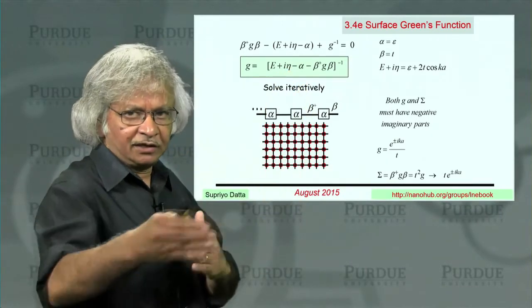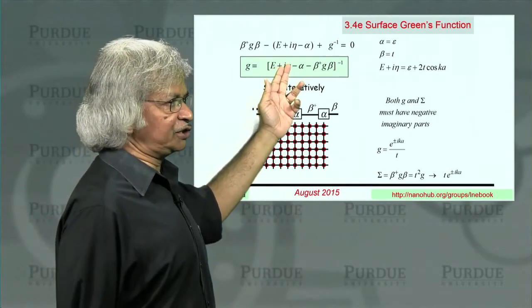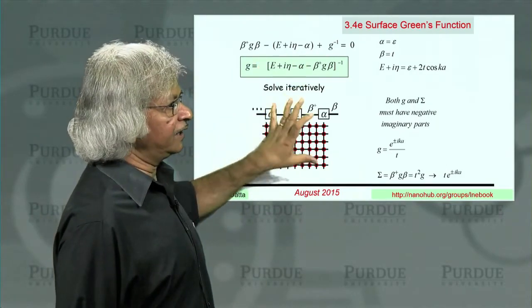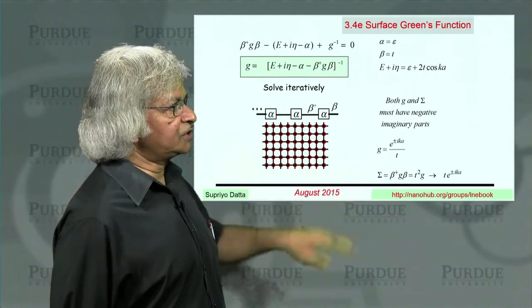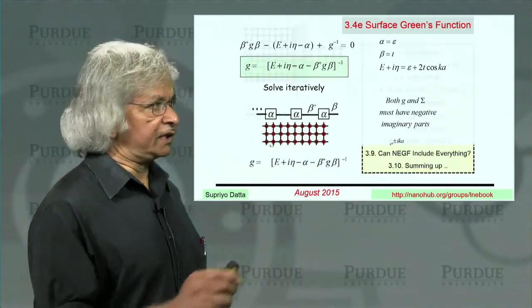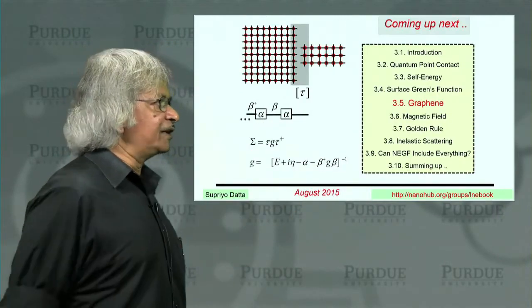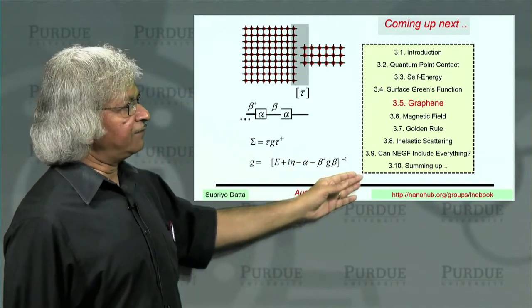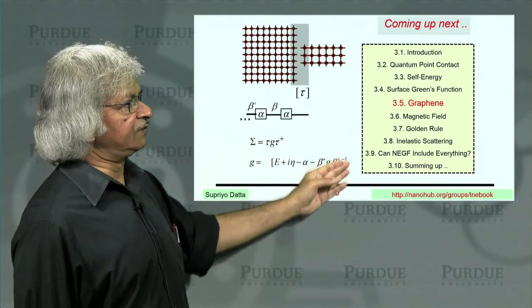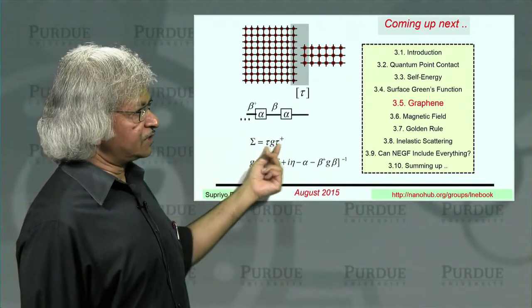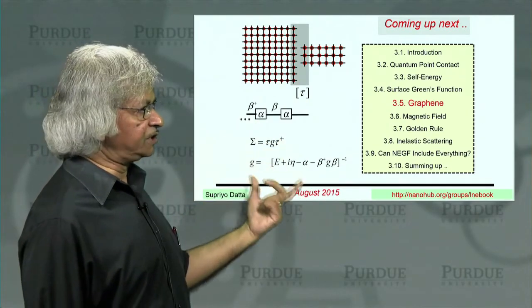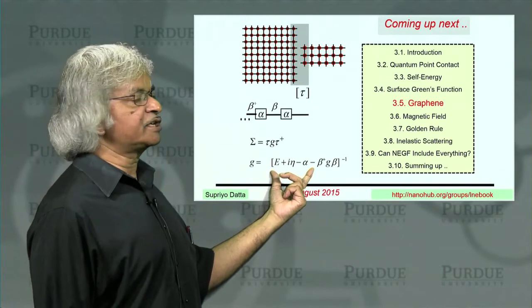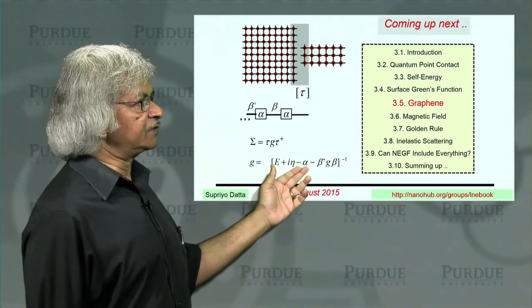It only affects how long it takes you to converge, that's all. And at the end of it, you'd get the G, and once you have the G, you can calculate sigma. So overall, we now have a general method for finding the self-energy, which involves the surface Green's function, and what we just described is the equation that you have to solve to find the surface Green's function.